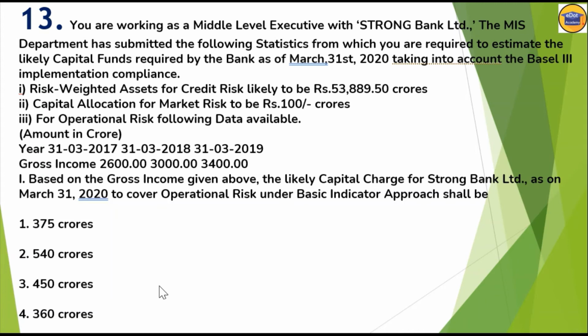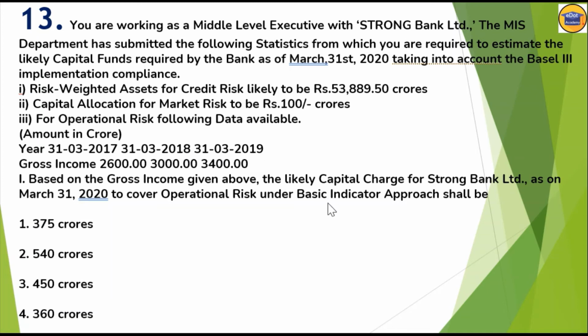So as per the basic indicator approach, we have to see the formula here. We have to take the operational risk data given here, that means for year 17, 2,600, for 18, 3,000, and for 19, 3,400.